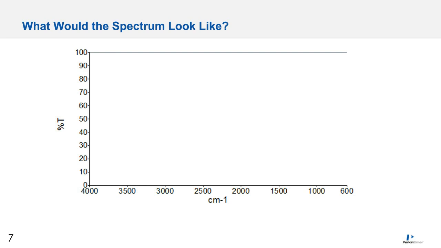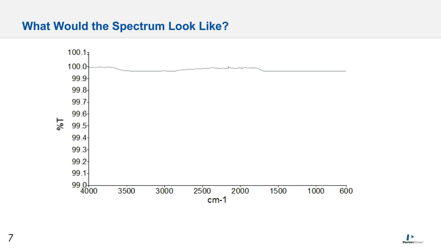So here we see it from 0 to 100% transmittance, 100% representing zero loss of light. So now we're looking at a scale of 90 to 100% transmittance. Still effectively, this looks like a flat line. If we examine the spectrum with an even more expanded scale from 99 to 100%, we see some very weak spectral peaks.